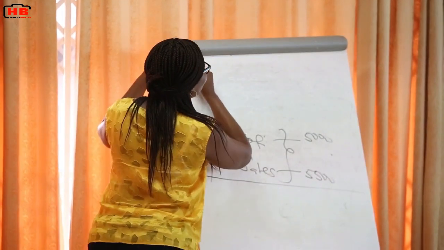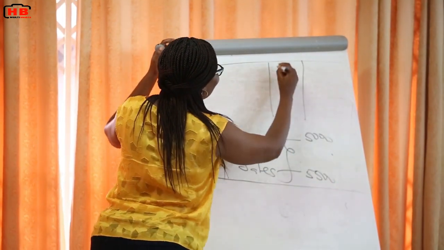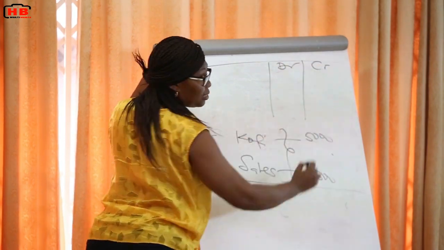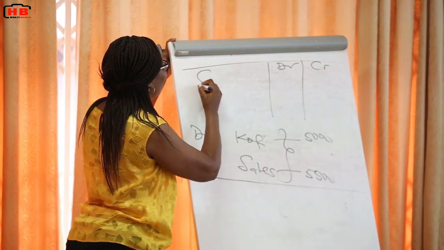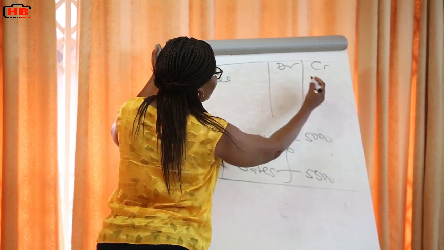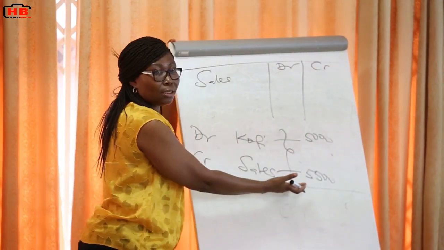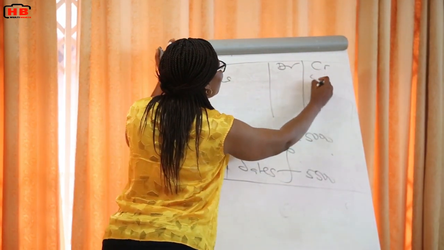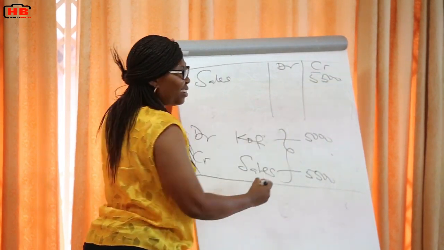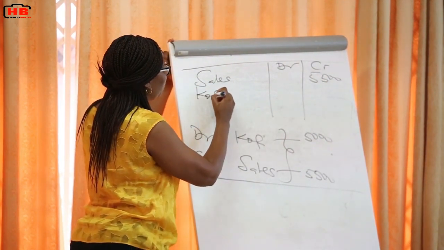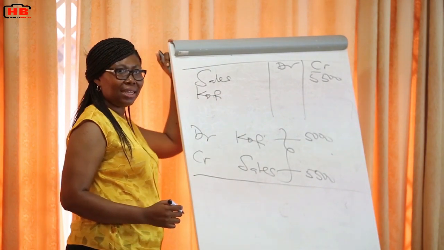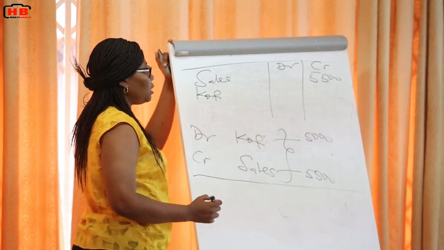So this is our trial balance, debit, credit. Okay, so we have sales, credit, and here, let's assume this is the only transaction. And so we have 5,500. We know we have Kofi's account. Kofi is a debtor. So what side would it be? Debit.